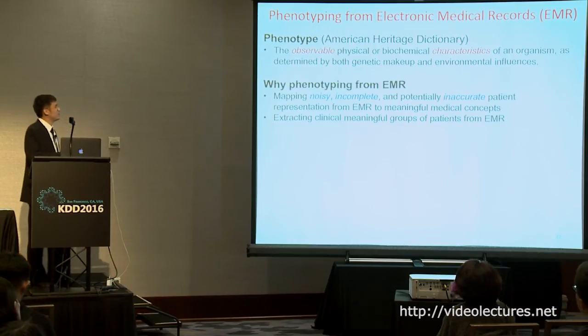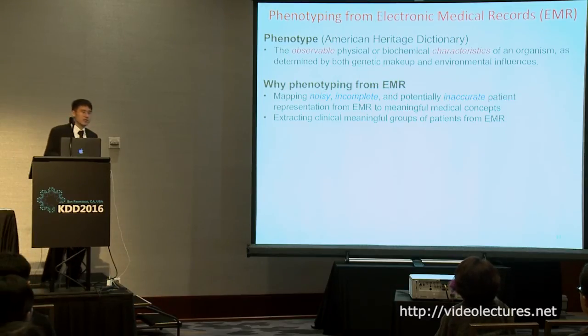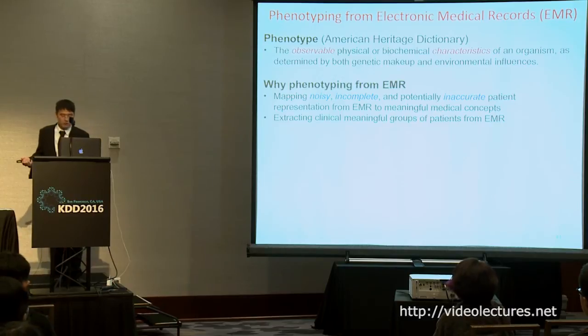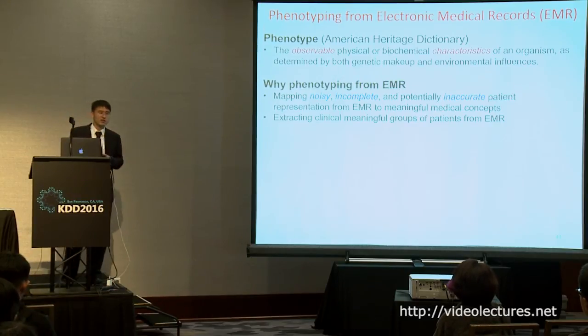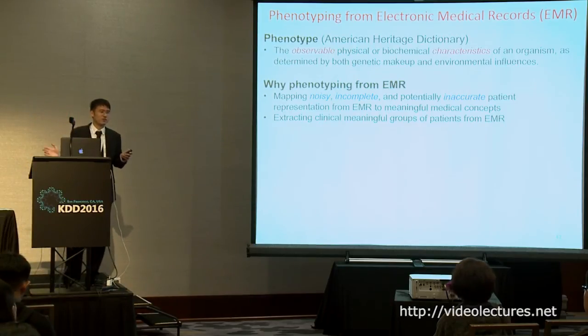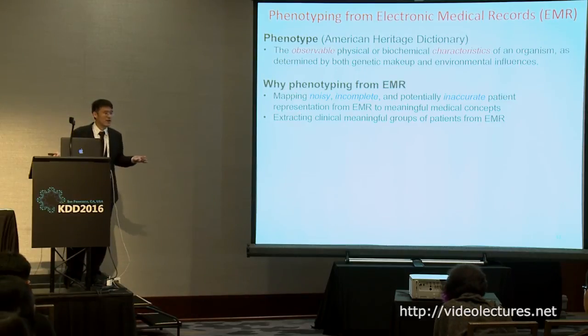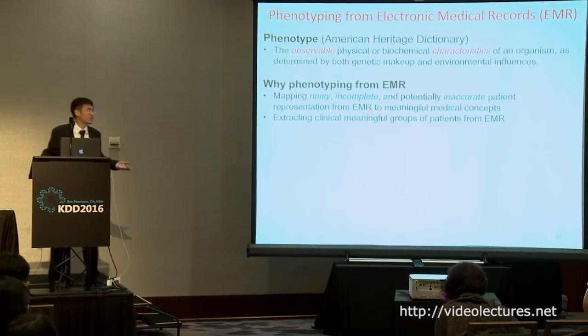And why do people do phenotyping from the electronic medical record? Because in the electronic medical record, what we can see is just a lot of lab tests, a lot of diagnosis codes, a lot of procedures. But if we put this into a vector, like Fei showed in part 1 of the presentation, it can be very sparse, and no one understands what it means, right?